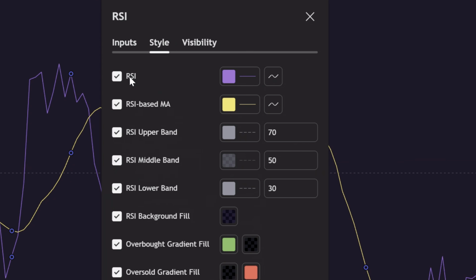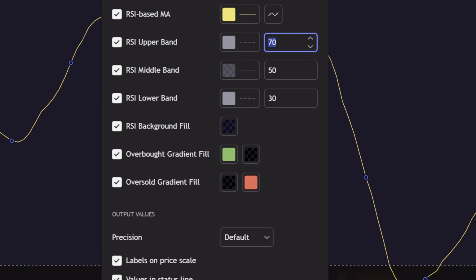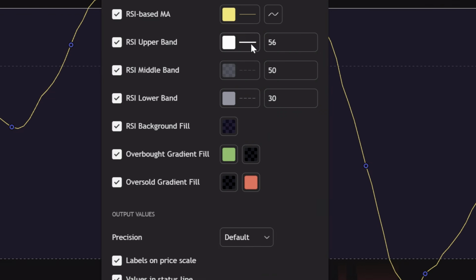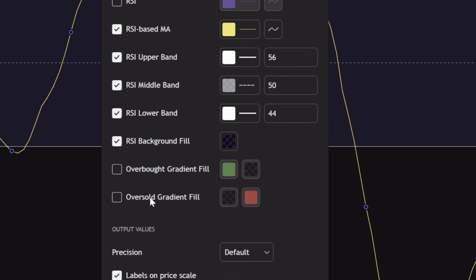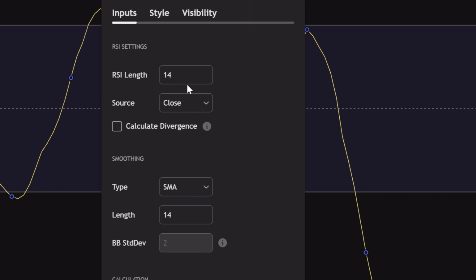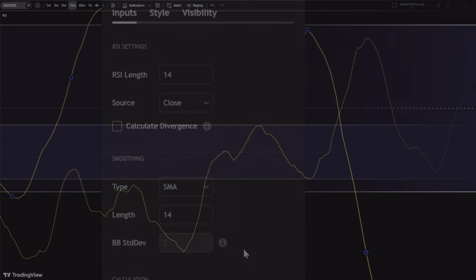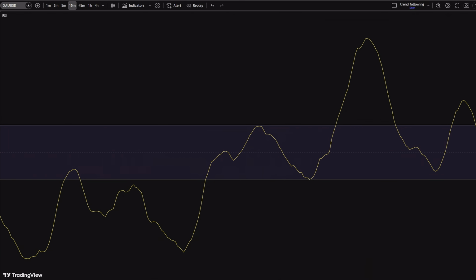We use the RSI-based MA option because it provides a smoother measurement of momentum. The upper band is set to 56, the lower band is set to 45, and the default length remains at 14. But remember, these numbers are not the strategy. The strategy is understanding what the market is communicating through those zones. After applying these settings, we create 3 momentum areas.